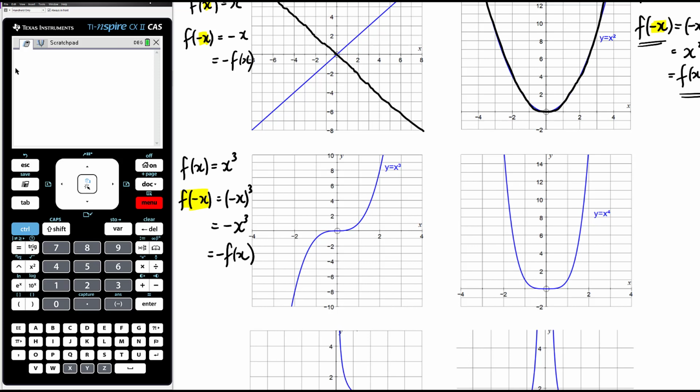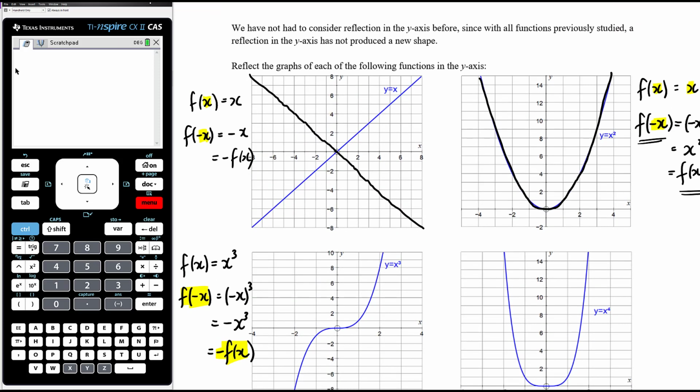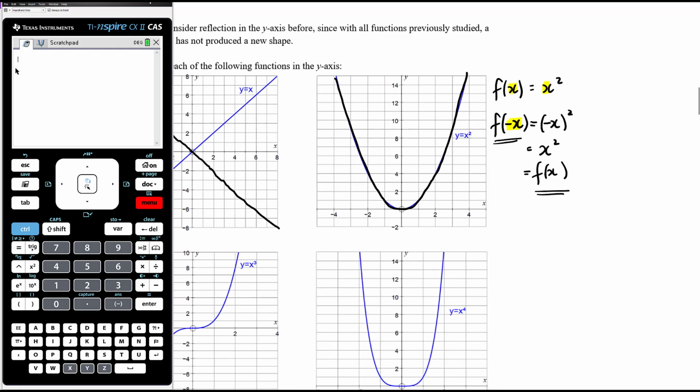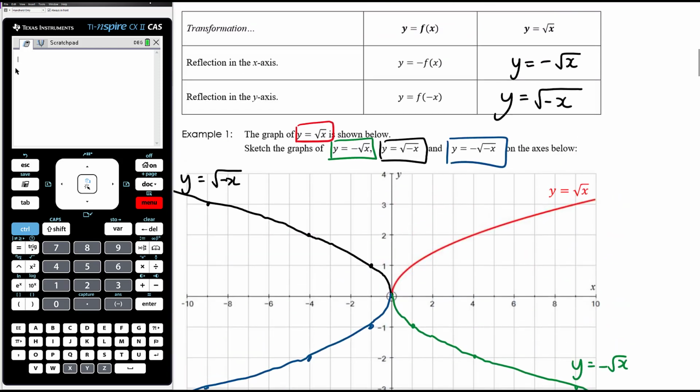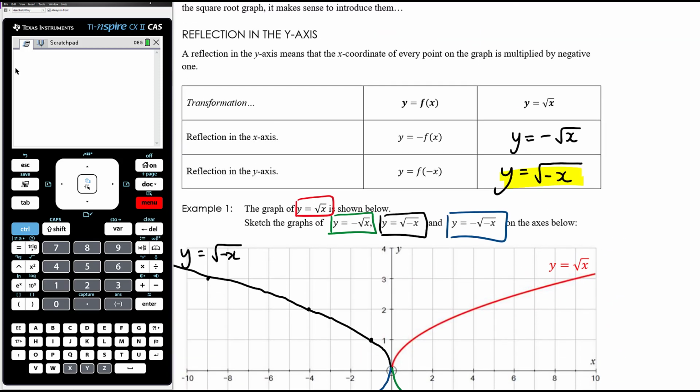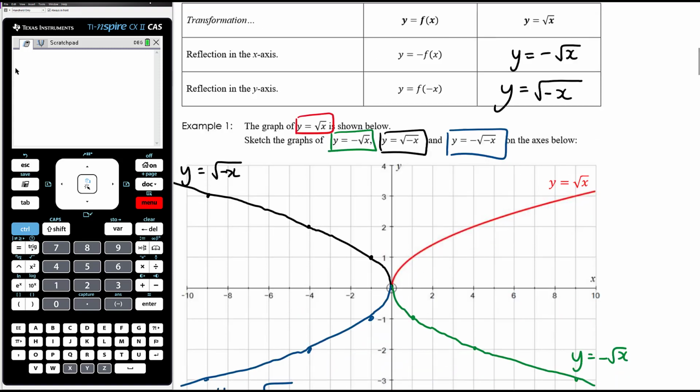So for the cubic, reflecting in the y-axis is the same as reflecting in the x-axis. We found the same here for the linear. Reflecting in the y-axis ends up being the same as reflecting in the x-axis. That's not true for all functions. We see over here that reflecting in the y-axis is the same as the original function. But we saw up here that reflecting in the y-axis produces a whole new shape. And so we have to think about it as something separate.